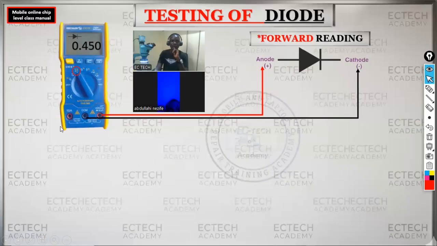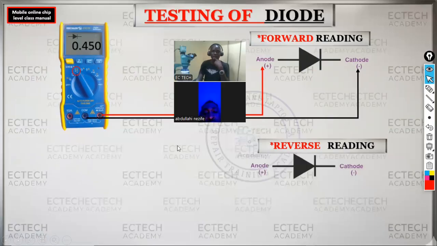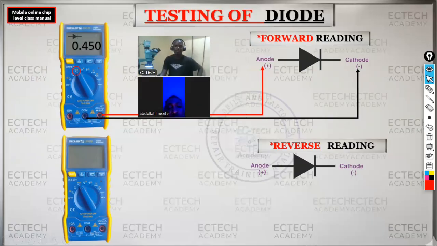Let's move to reverse reading. In reverse reading, we set our multimeter in the same position, the diode mode. In reverse reading, we interchange the probes.